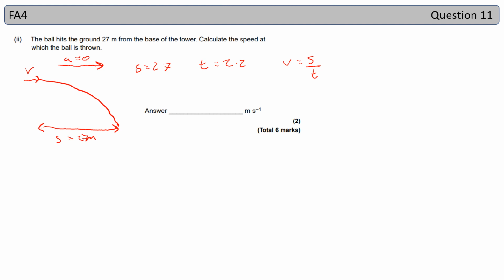So that's going to be equal to 27 over 2.2, which gives me an answer of 12.27. So I'm going to put that as 12.3 meters per second.